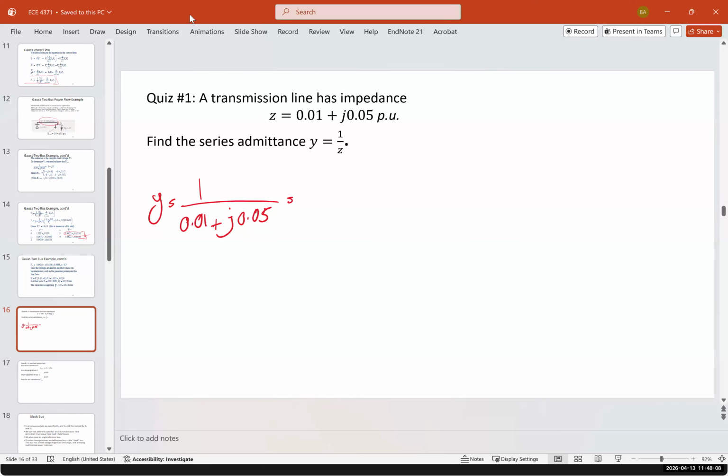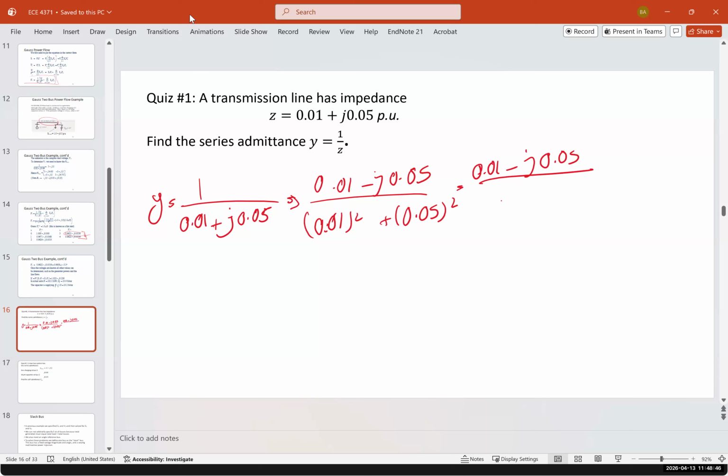Let me continue. One way that we can do it is to multiply the numerator and denominator by the complex conjugate. So what we get is 0.01 minus J0.05 over 0.01 to the power of 2 plus 0.05 to the power of 2, which gives us 0.01 minus J0.05 over 0.026.